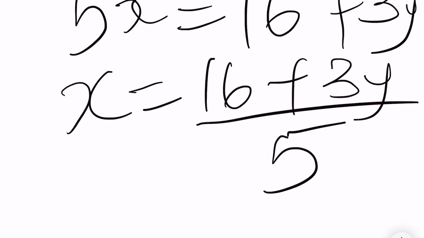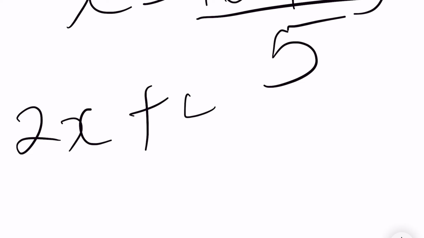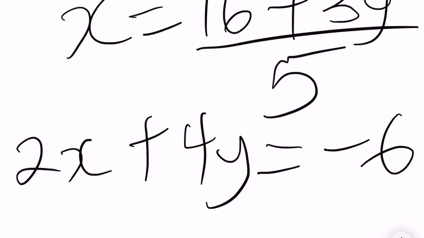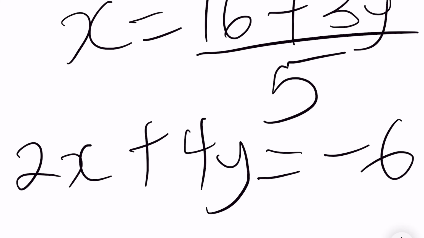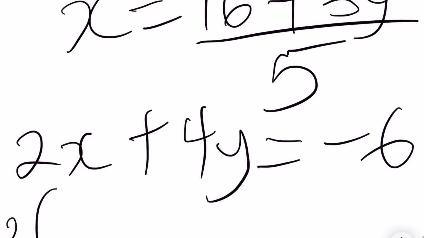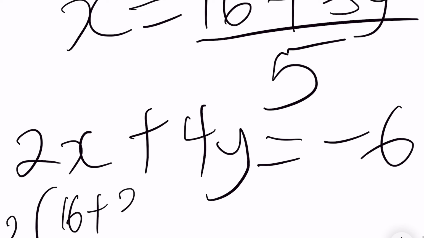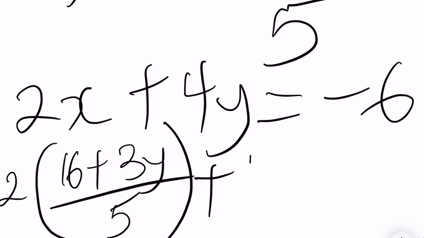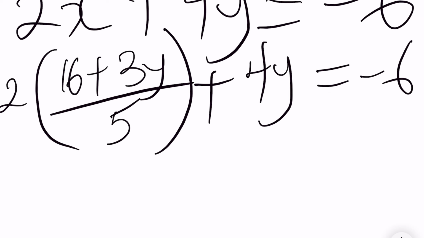Now, inputting it into the second equation, we have 2x plus 4y equals minus 6. Here our x is 16 plus 3y over 5. So we have 2 into bracket 16 plus 3y over 5 plus 4y equals minus 6.